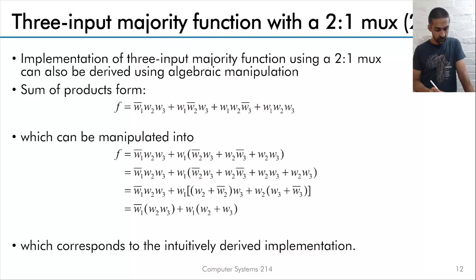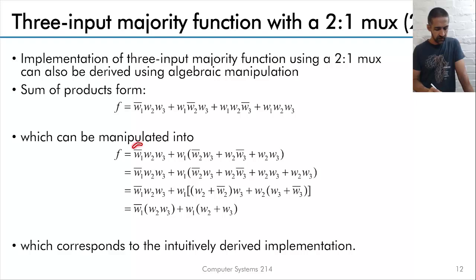By doing that, we have a term. What was it called again? Implicant. The implicant here, you can see, has a not W1 here and a W1 here.